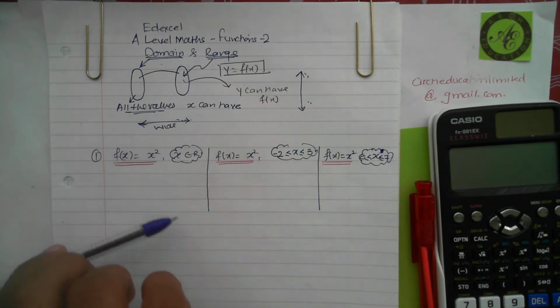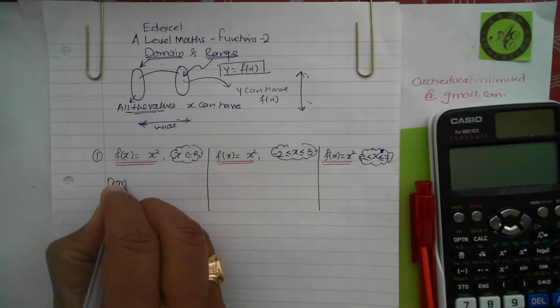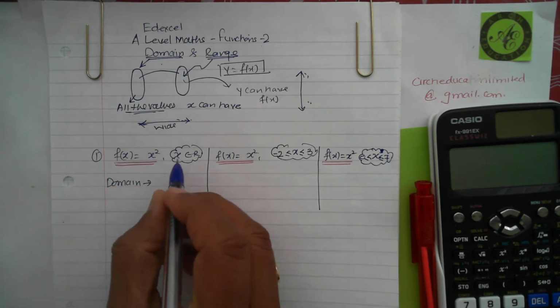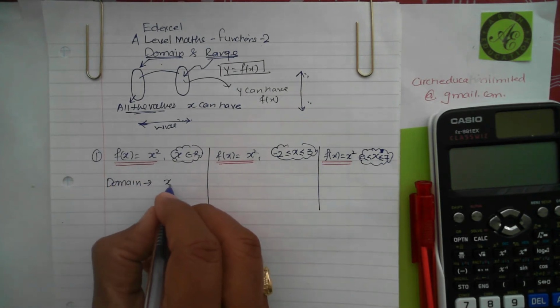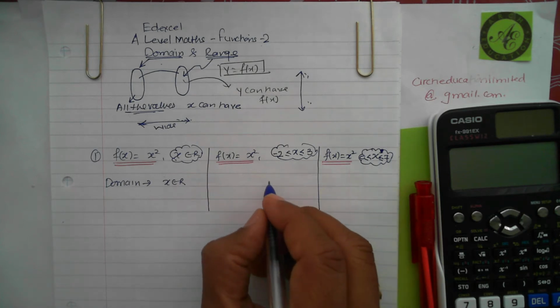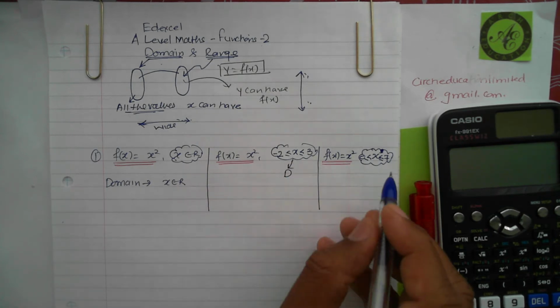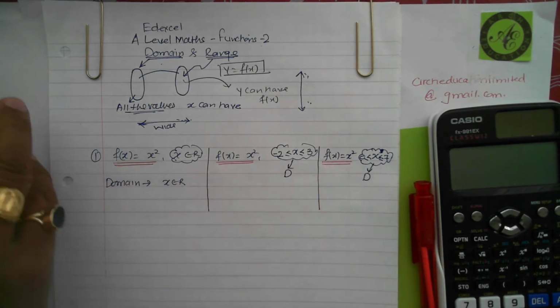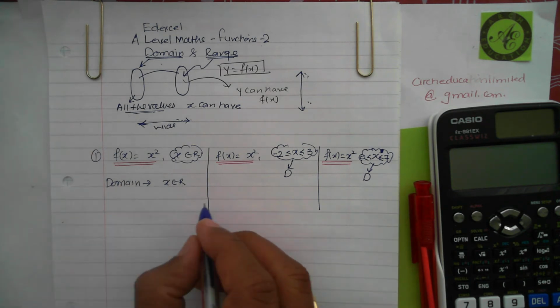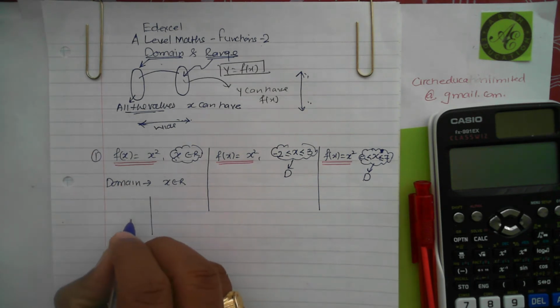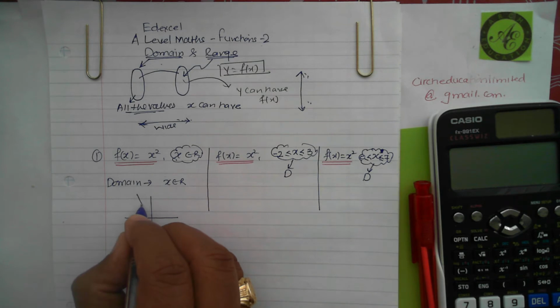Okay, so the domain for the first function would be what values x can have, what values the function is defined on: all real numbers. Here, this one, that's the domain. If you want to sketch the graph of this function, you know it's the simplest graph.